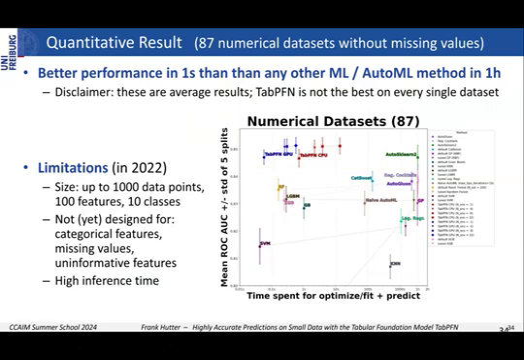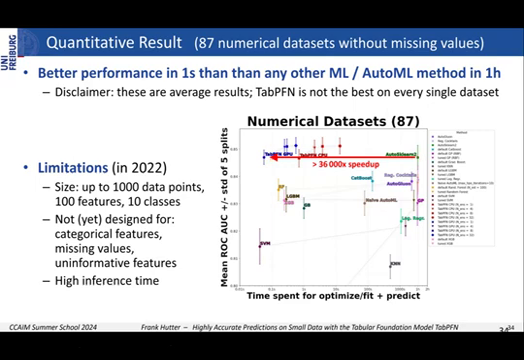All right. That was the qualitative result and simplicity. Now the quantitative result as of 2002: we had better performance in 1 second, just a forward pass, than any other machine learning method or AutoML method in 1 hour on average. So these are average results. There are data sets where TabPFN is not the best, but on average, if you have a GPU, it's 36,000 times faster than Auto-sklearn.